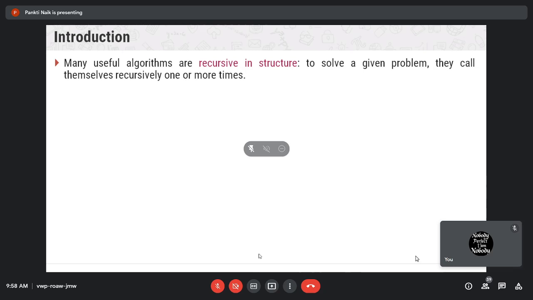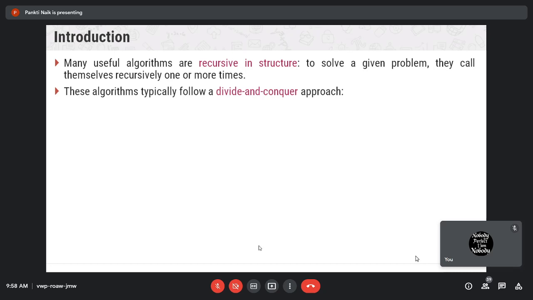Calling itself, right? So that is a recursive algorithm. So many algorithms are recursive in structure, so to solve a given problem, they call themselves recursively. Many times a function will call itself.